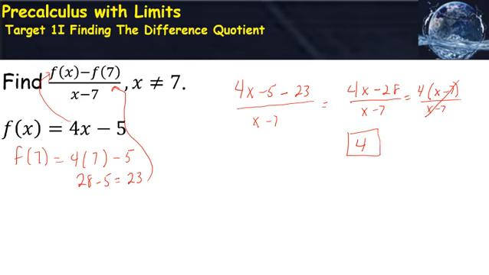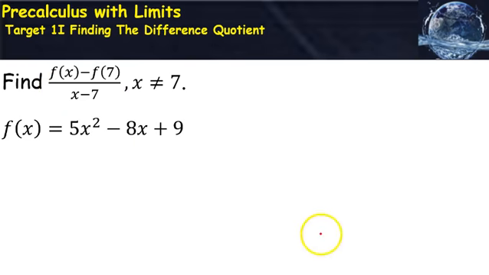Let's try another one. This one is a little bit harder. Again, this is f of x, so this gets plugged in right there, and now I need to find f of 7. So to find f of 7, I'm going to replace x with 7. So 5 times 7 squared minus 8 times 7 plus 9.